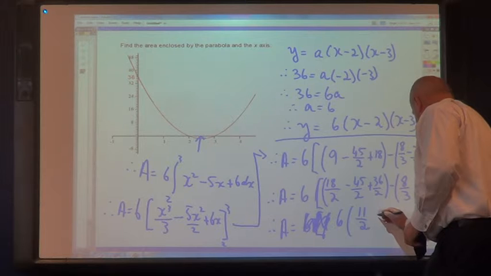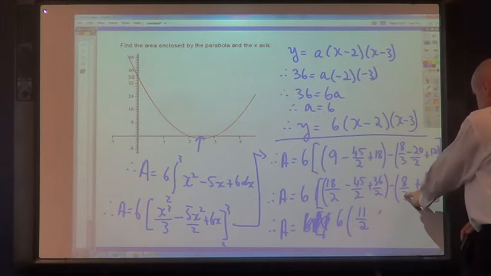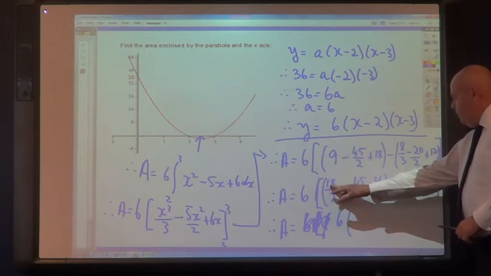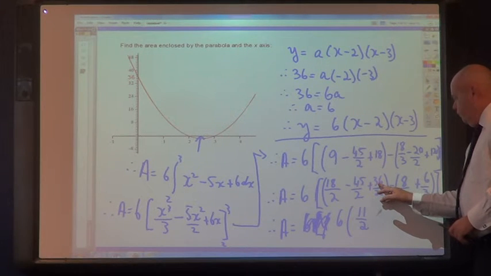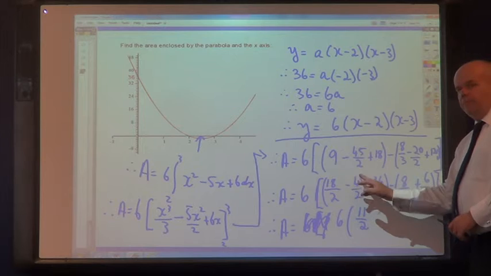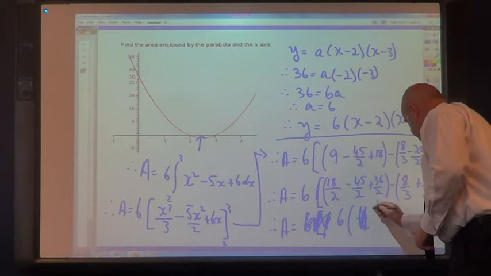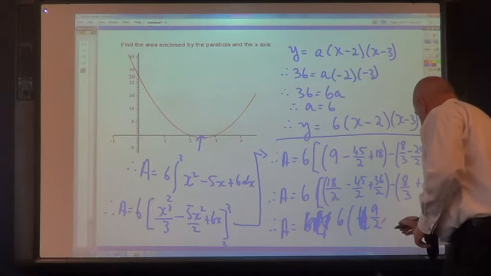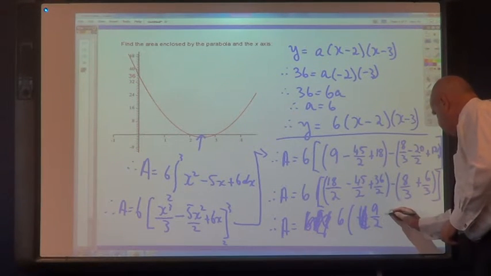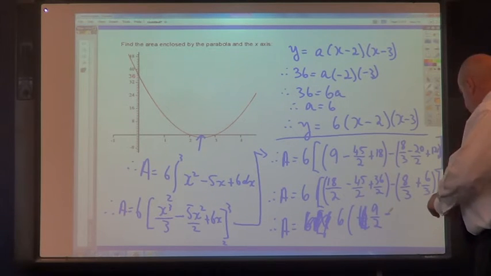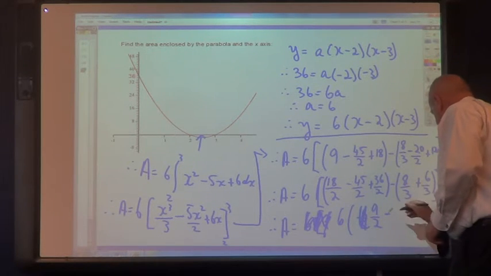And minus... Isn't that 9? It's 9, sir. So it's 9, is it? Where have I mucked up? 18 plus 36 is 54, 54 minus 45 is 9. Very good, thank you. So it's positive 9 on 2. Minus, now what have we got here? 14 on 3. Well, we'll just leave it as 14 on 3.